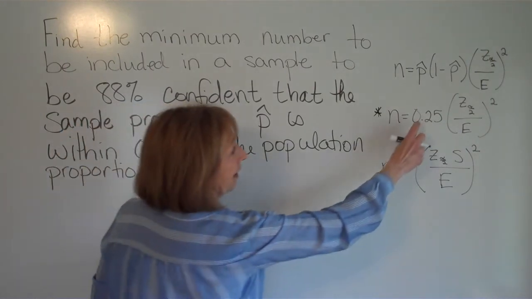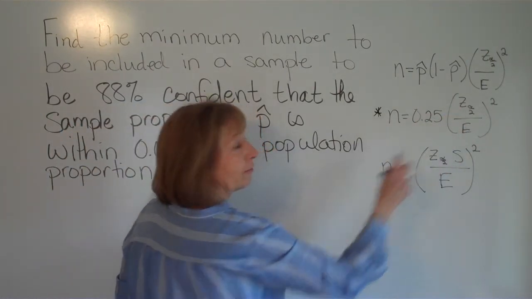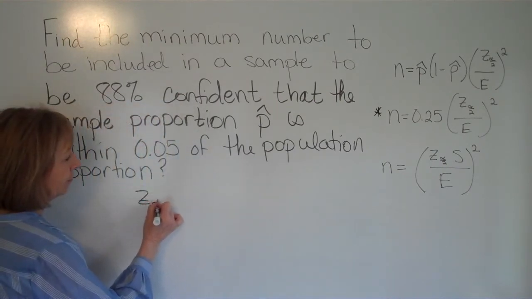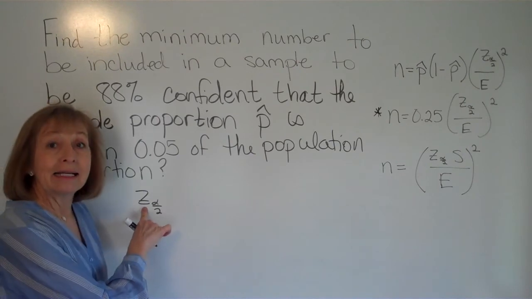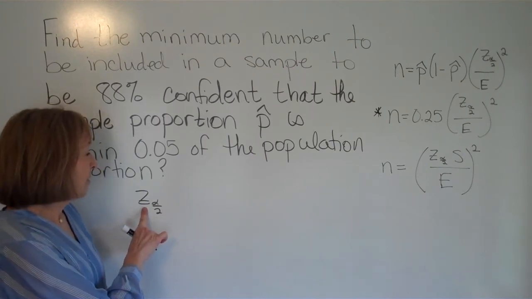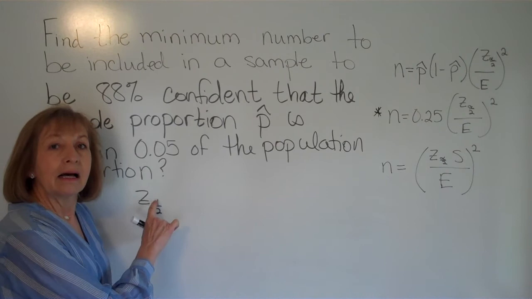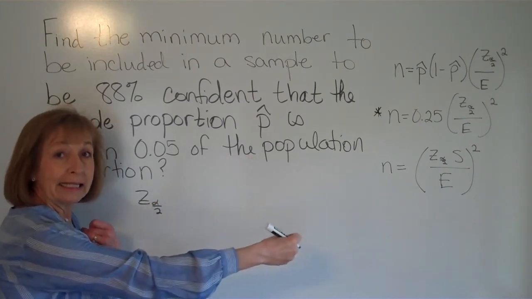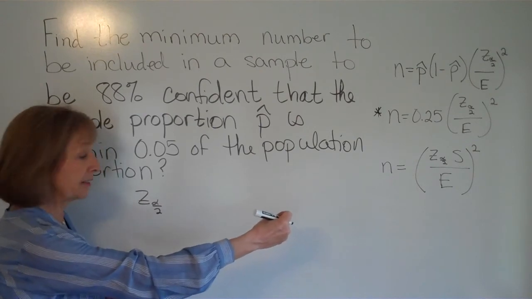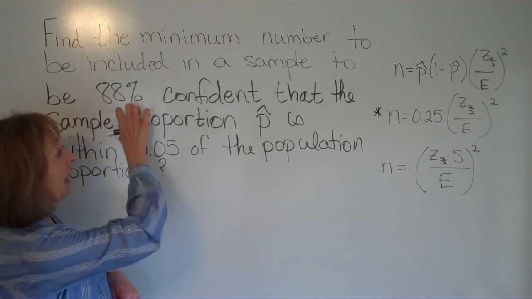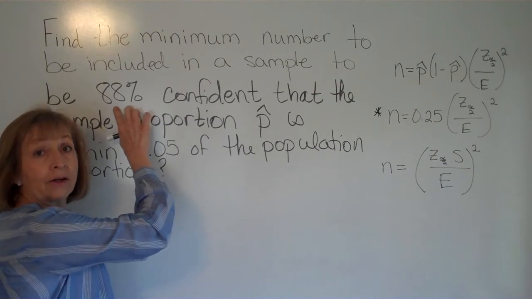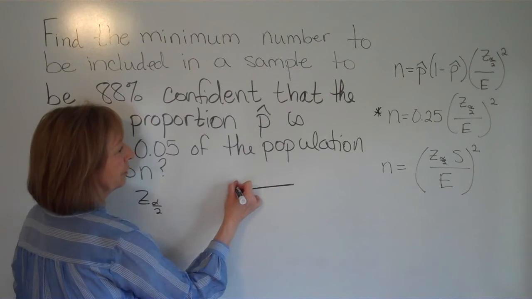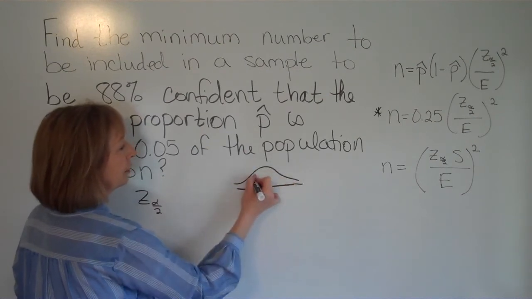Now, what we need to find to do this is just the z sub alpha over 2 and the E. Now remember, z sub alpha over 2 is the z-score so that you have that little bit of the alpha, which is the leftover area in the tails, and divide by 2 is how much is in one of the tails. And then we've got our level of confidence here of our 88%. So to find z sub alpha over 2, we think of our normal distribution.